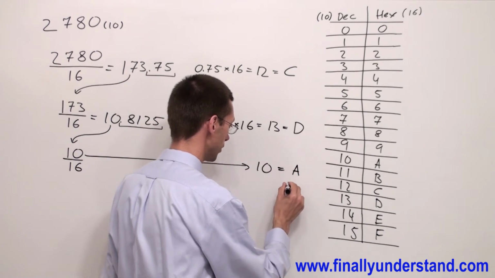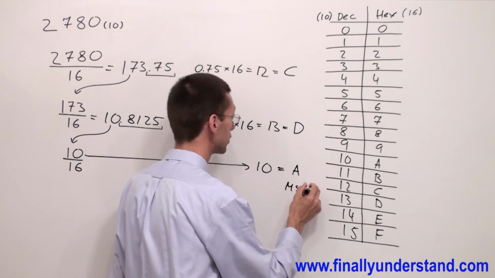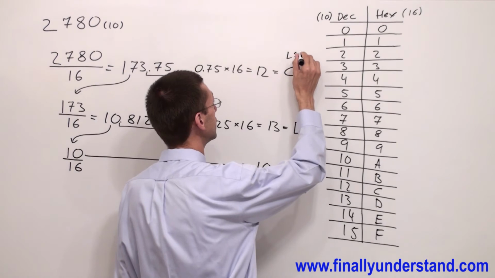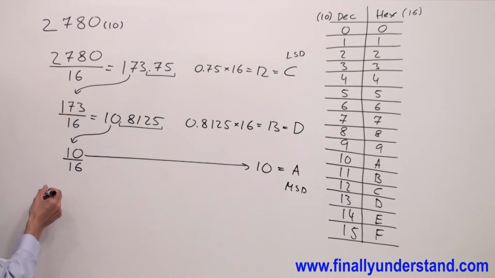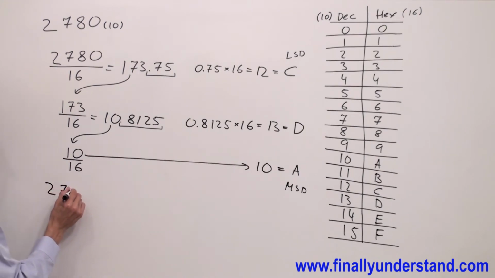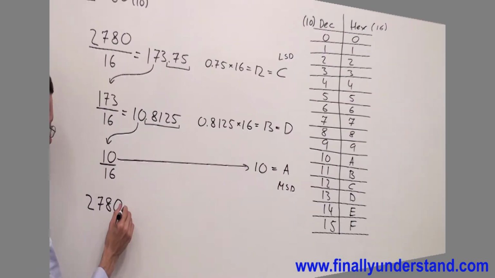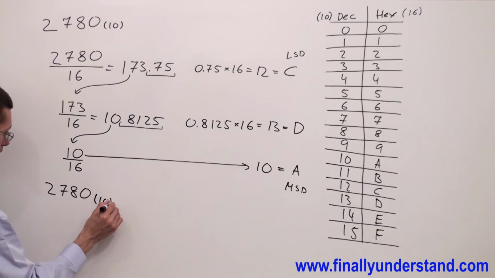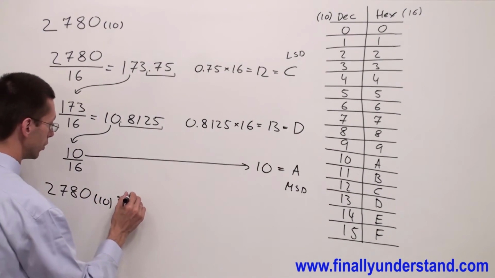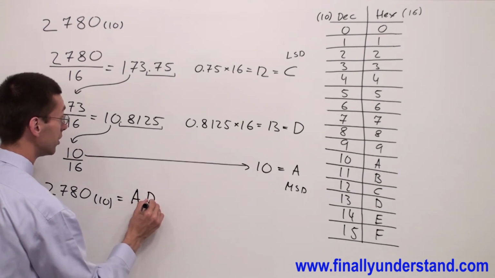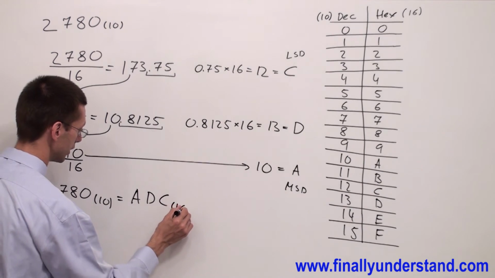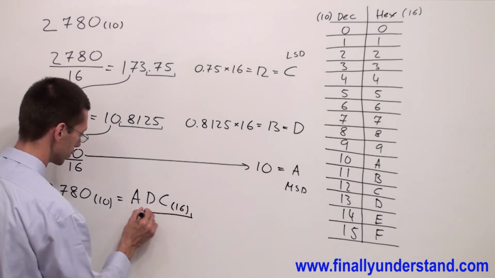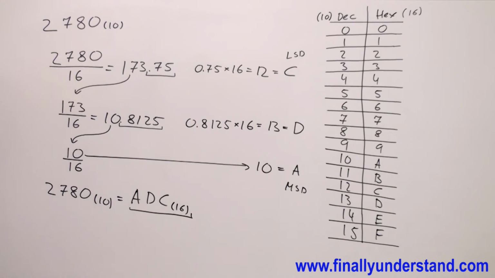This is my most significant digit and this is the least significant digit. That's why I can write my answer as 2,780 base 10 is equal to ADC base 16. Okay, so this is the solution to my problem.